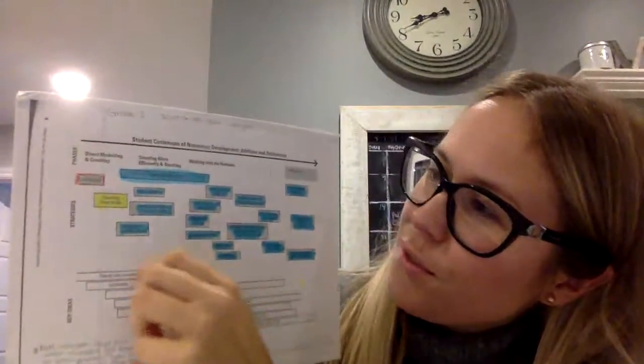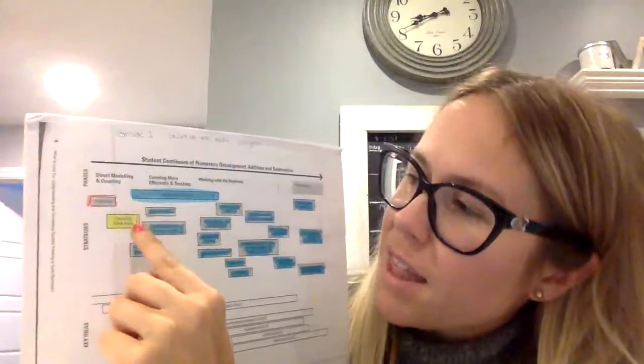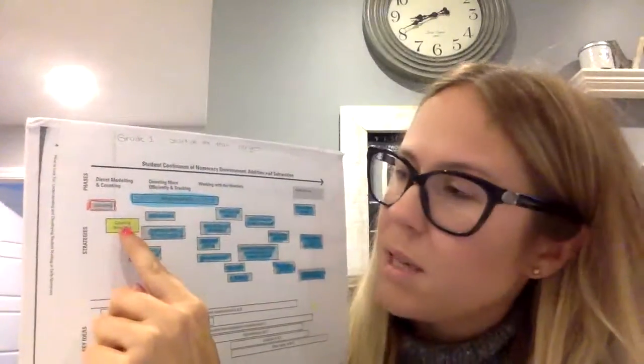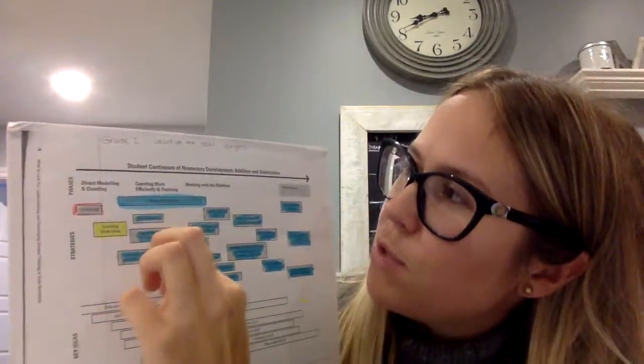Okay, so if they are only using subitizing, that would be considered red. And then if they're only up to counting 3 times, that would be yellow. And then these would be green. And so then it shows you mid-year targets and end-of-year targets for grade 1. So this goes all the way up to grade 3, end-of-year targets.